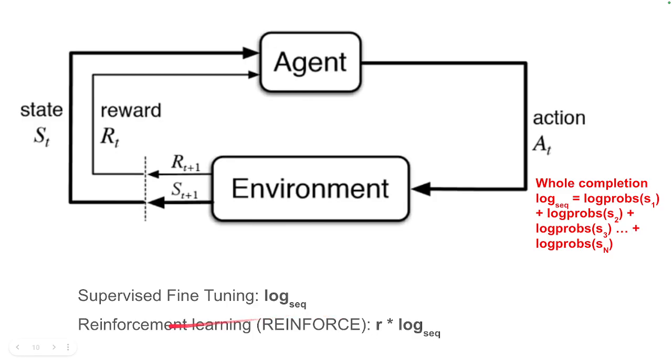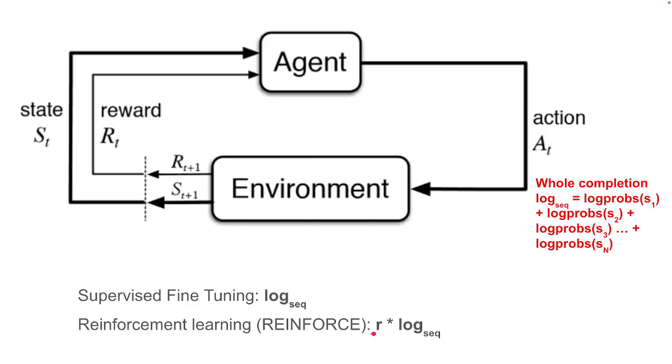In supervised fine tuning, we have the gold generated data set, so we should maximize the log likelihood of every token. But in reinforcement learning, every next token is maximized based on how much reward it gives us.